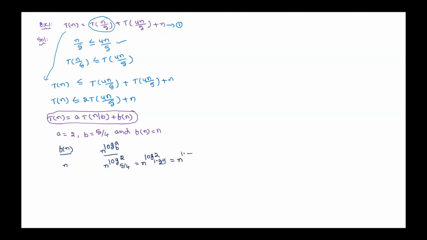Because this 2 is more than 1.25, definitely we will get a value greater than 1. 2 is between 1.25 and 1.25 whole square. Is that correct?